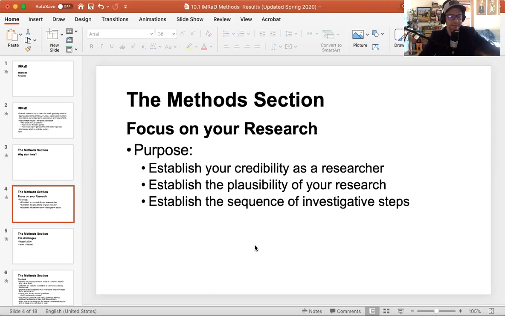If you say student stress is a problem and the solution is reading week, but we don't see any kind of methodology, we might not believe you as a credible researcher, because we might think it's just an idea that you like. It also establishes the plausibility of your research and the sequence of investigative steps. That shows us how you got the results that you got, because most people jump right to the discussion section for the analysis.